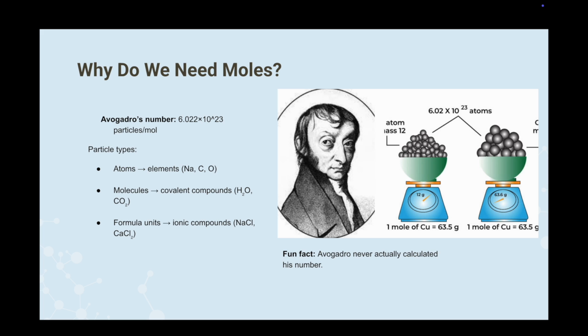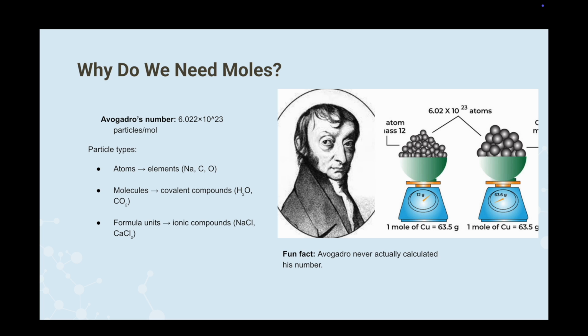Now, what exactly are we counting with this number? It depends on what we're working with. If you have an element like carbon or sodium, you're counting individual atoms. So 1 mole of carbon contains 6.022 times 10 to the power of 23 carbon atoms.